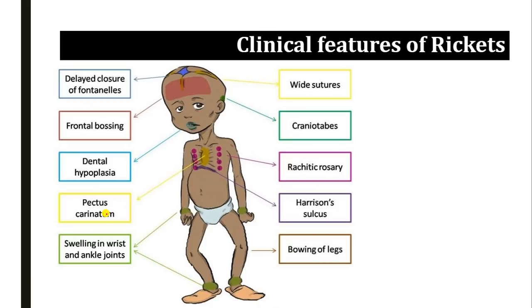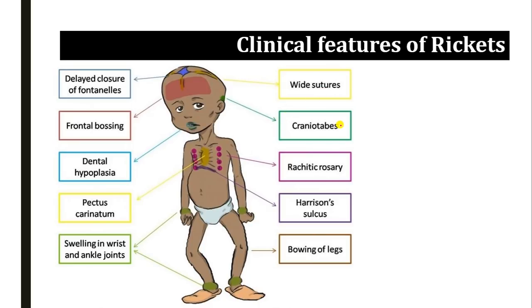There is pectus carinatum, or pigeon chest, in which the anteroposterior diameter of the chest is increased compared to the sides. There is swelling in the wrist and ankle joints. There are wide open sutures in the skull.